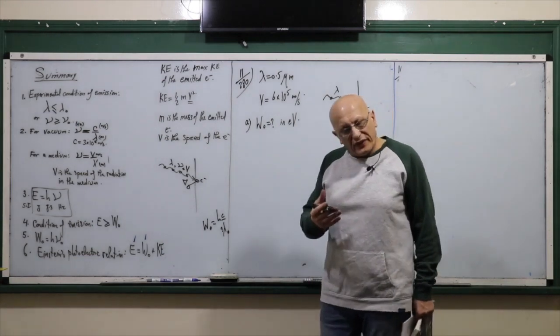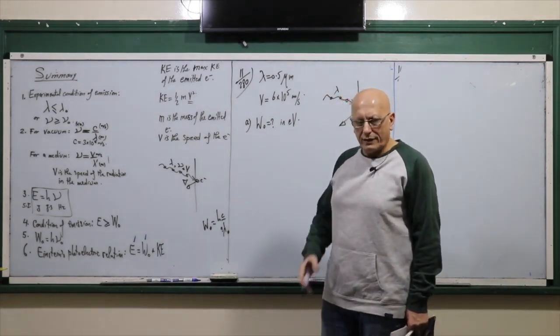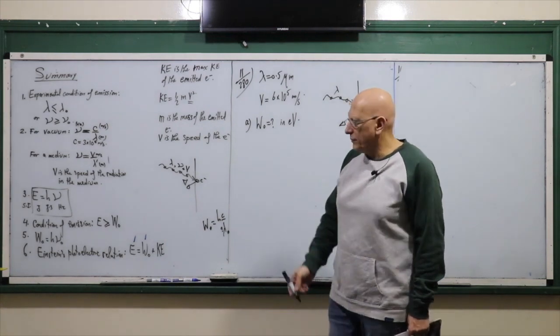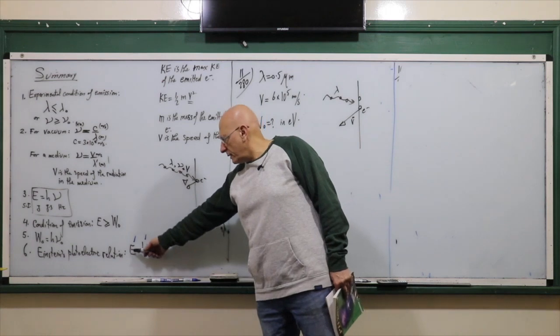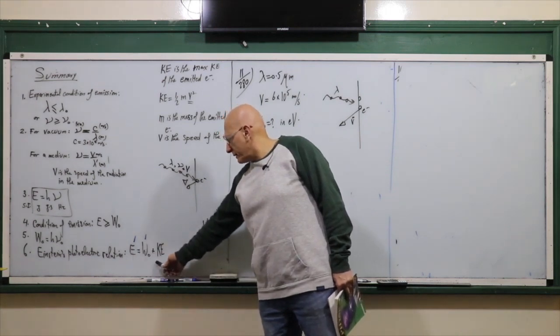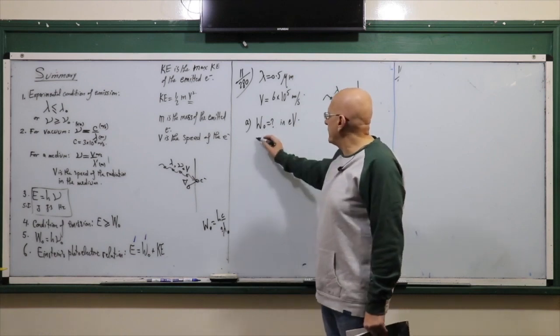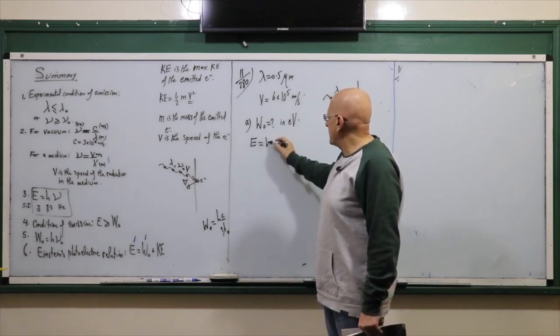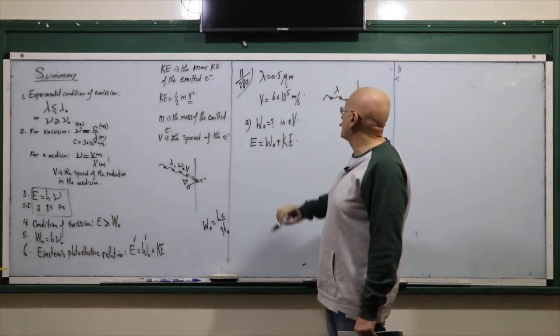So I should think about another formula. What is another formula that has W naught? It is Einstein's relation. If you have E and kinetic energy, you can find W naught. So E is equal to W naught plus kinetic energy.